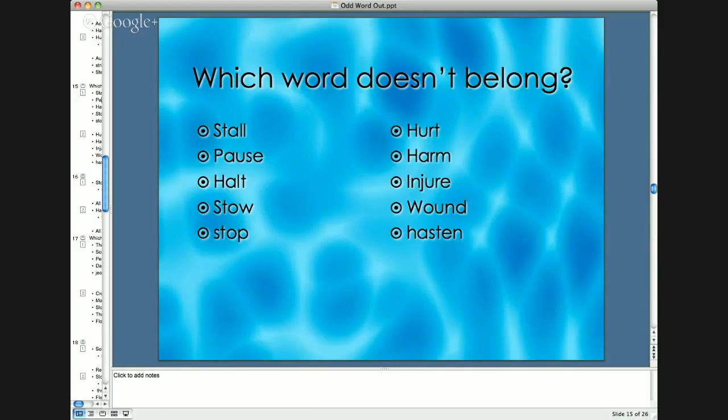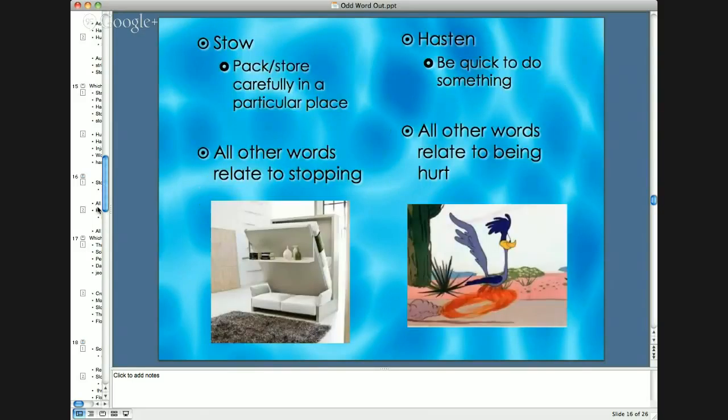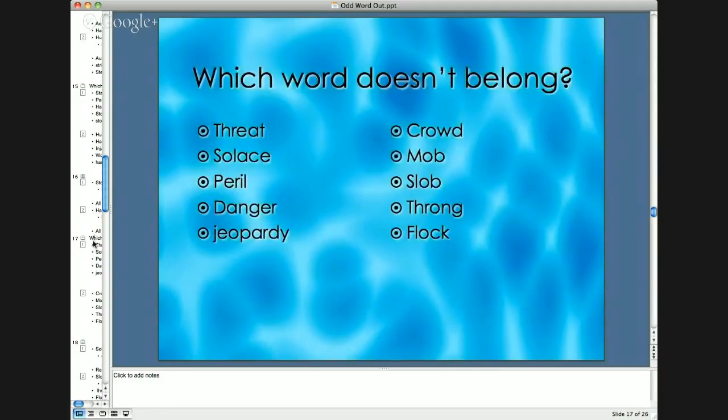And to harm someone is to hurt someone, to put them in danger. So the answer must be hasten. To be quick to do something. I have the Roadrunner here because he's quite fast and quick. All other words relate to being hurt. Awesome.